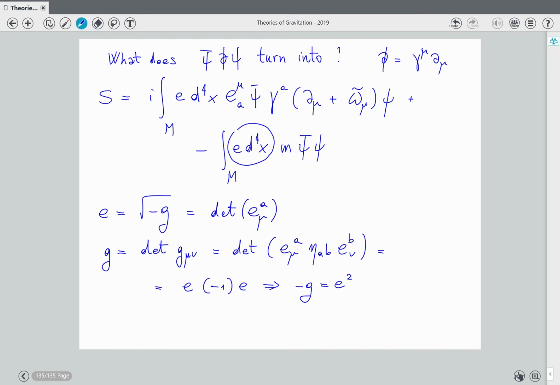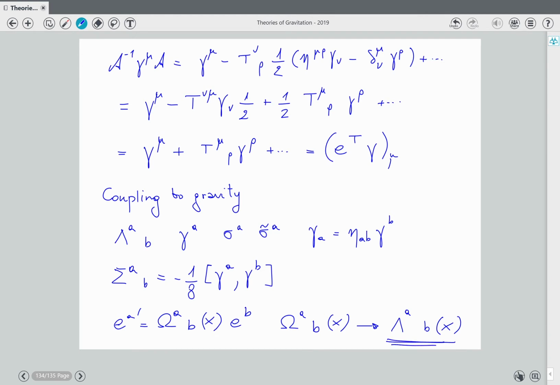Here also, we should check that these objects are scalars and that they are invariant under local Lorentz transformations.